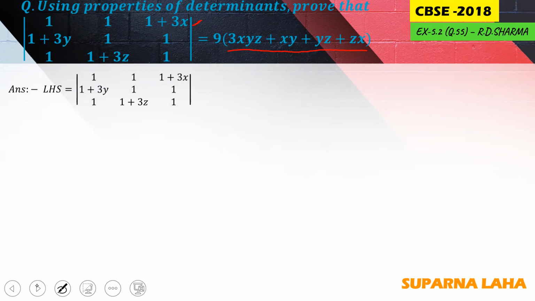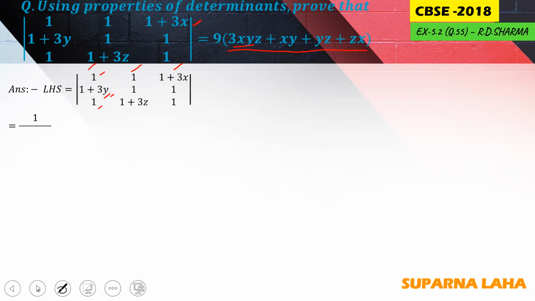Now you need to find this 3xyz. Here 3y is present. If you multiply this column by x and z, x into z, what you will find is xz plus 3xyz and then xz.